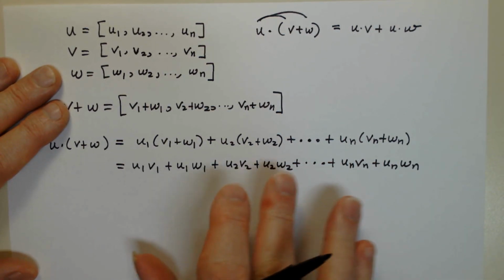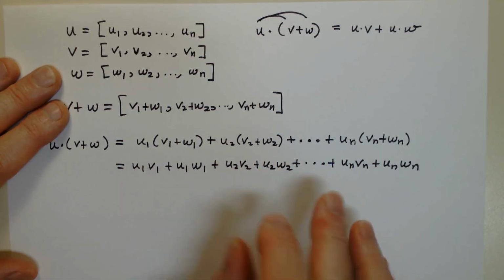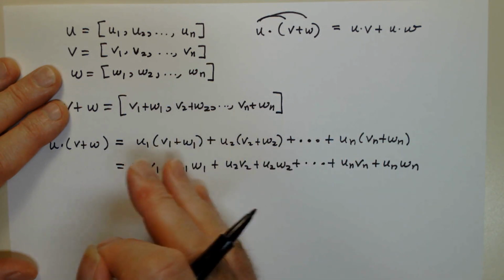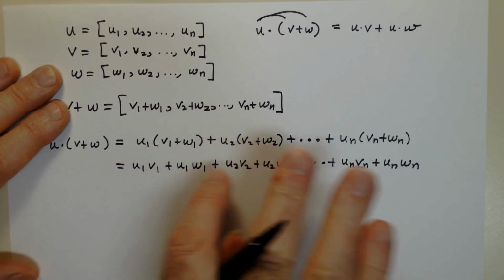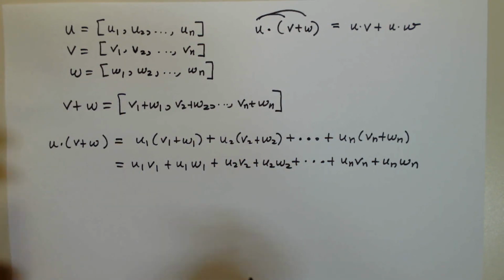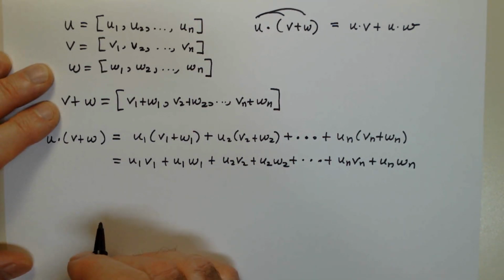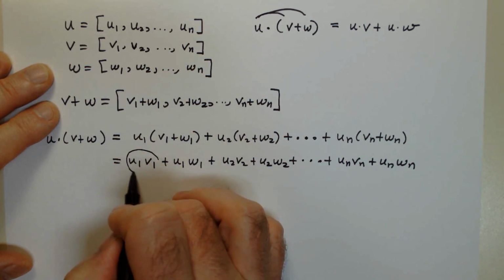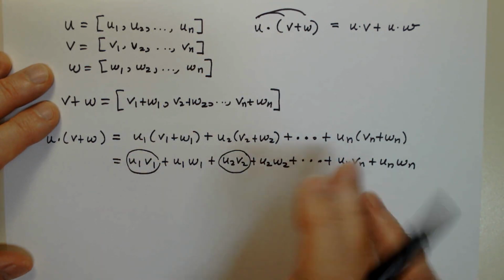All right. Now I'm going to take all of the u and v products and commute them over to the left, and I'll take all the u and w products and commute them over to the right. So I can just change the order in which I'm doing the addition here. For instance, I'll first grab u1v1, u2v2. There will be a u3v3.